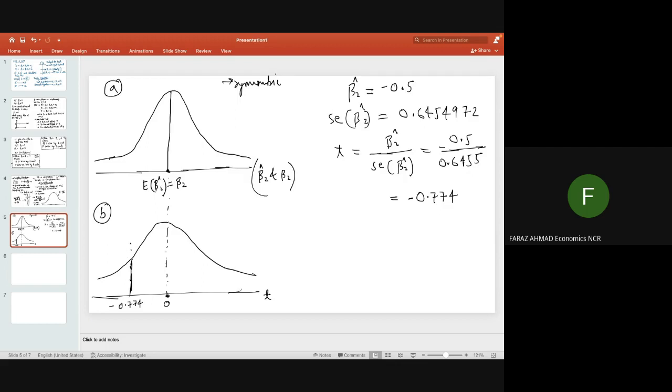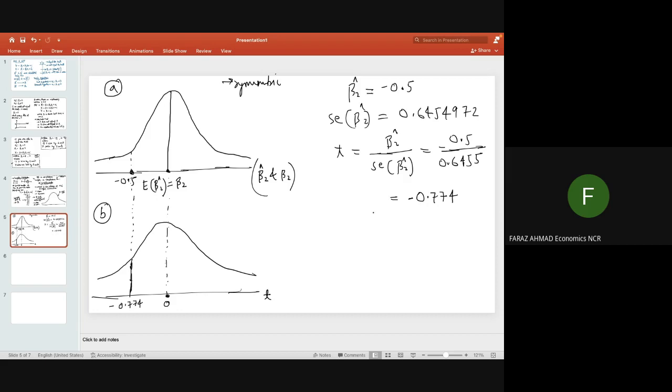If I extend this, this is minus 0.5. So now we got a corresponding t value, which is negative, where our beta 2 hat was also negative, and the denominator can never be negative. Here in the t statistic, standard error can never be negative. So whatever sign is there for beta 2 hat, the same sign will be taken by the t value, right?